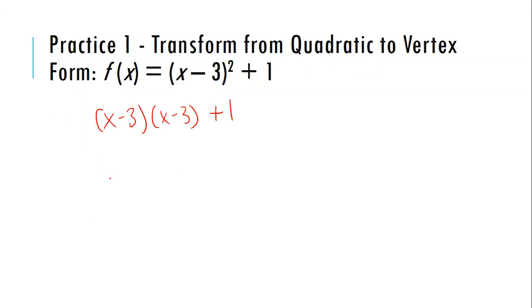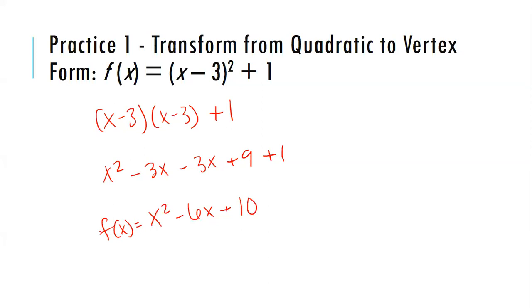Then you would have used FOIL, and you get x squared minus 3x plus 9 plus 1. Combine your like terms, and you should end up with x squared minus 6x plus 10. How do we do? Easy enough?